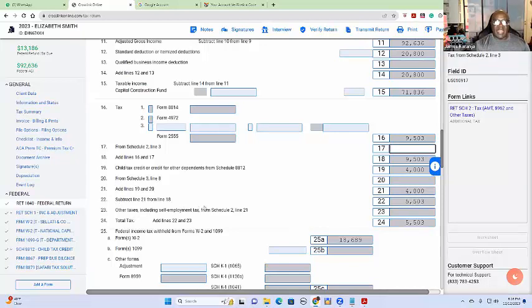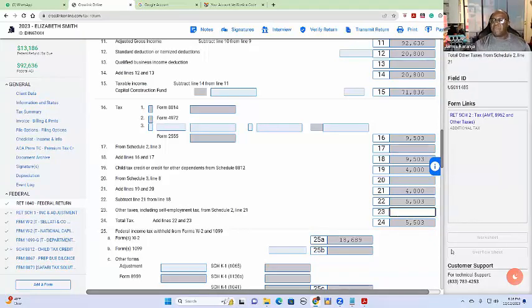There are also other taxes. If they had a 1099, the self-employment taxes would add up here. You will see that later as we go on, when we have the 1099s, because we will add them up and you'll see what happens. So if they had a 1099, the self-employment taxes would come here and add to the taxes.